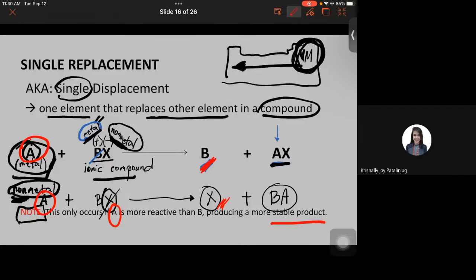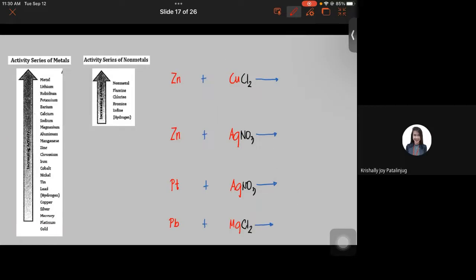So how do we know if that single element, be it metal or non-metal, is more reactive than the other element in the compound that it wants to displace? We refer to the reactivity series.